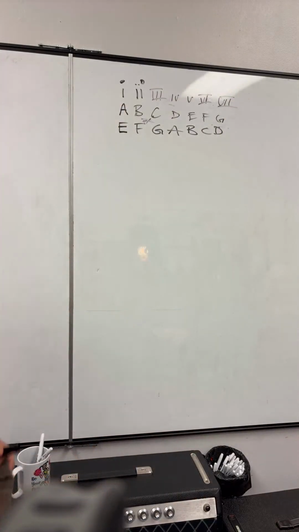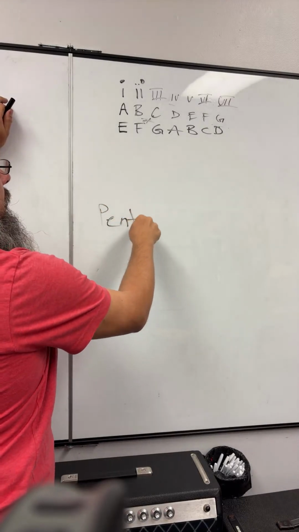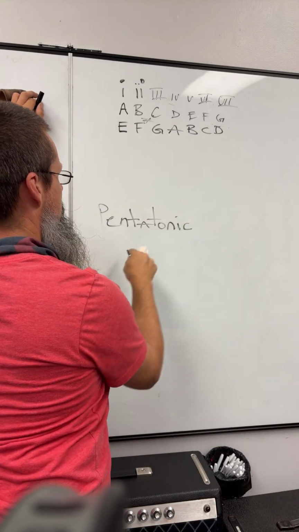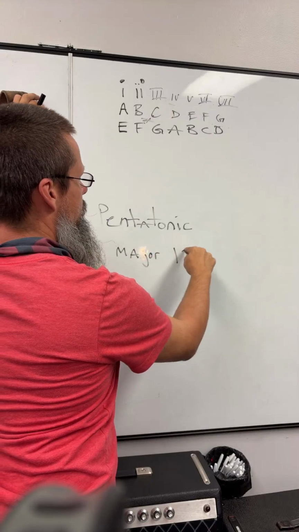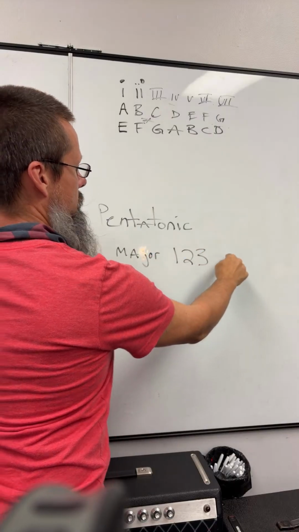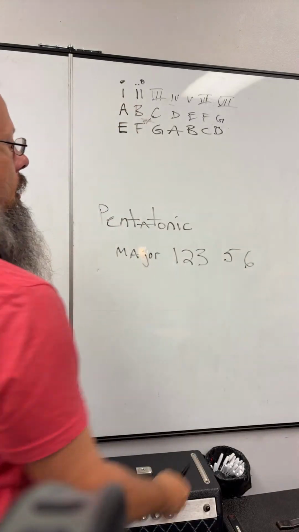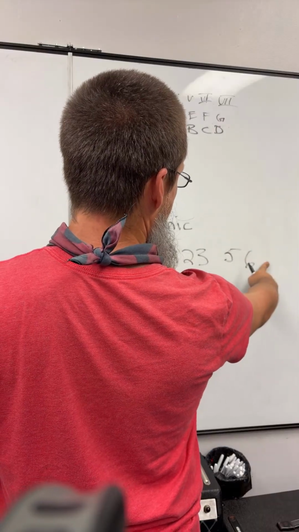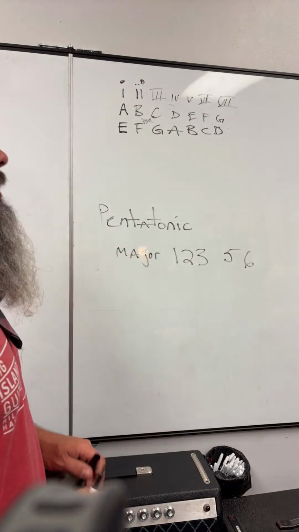And what do we know about our major pentatonics? Well, gee golly, our major pentatonics are a 1, 2, 3, 5, 6. We omit the subdominant, and we omit the leading tone.